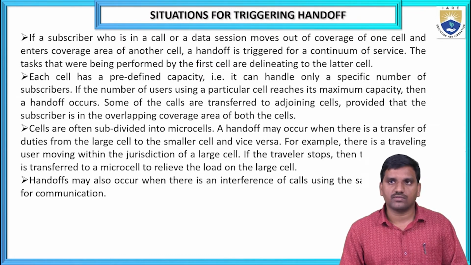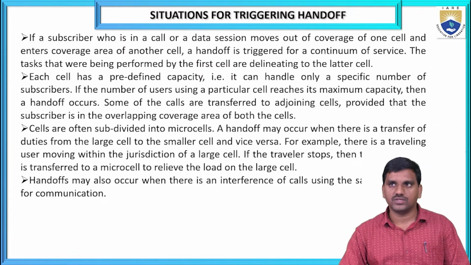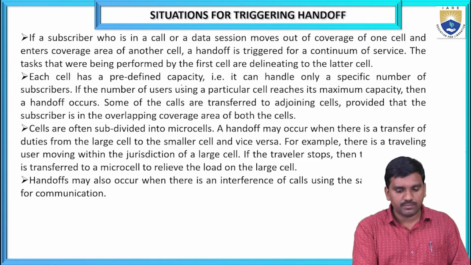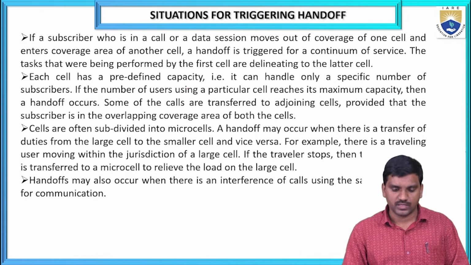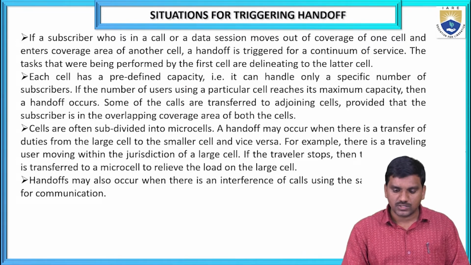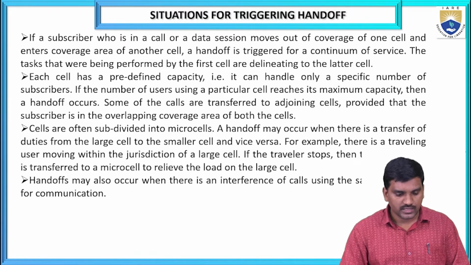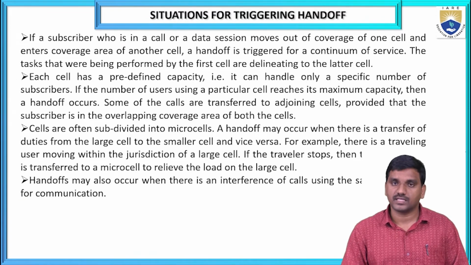This is one of the situations for handoff. Next, each cell has a predefined capacity, that is, it can handle only a specific number of subscribers. If the number of users using a particular cell reaches its maximum capacity, then a handoff occurs. At that time only the handoff will occur.